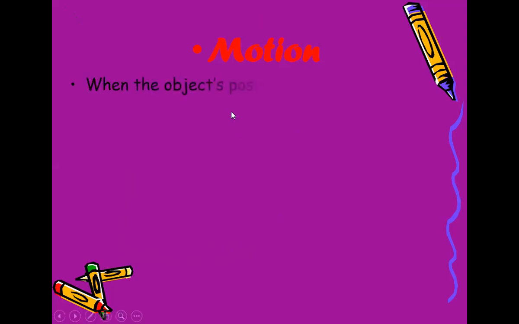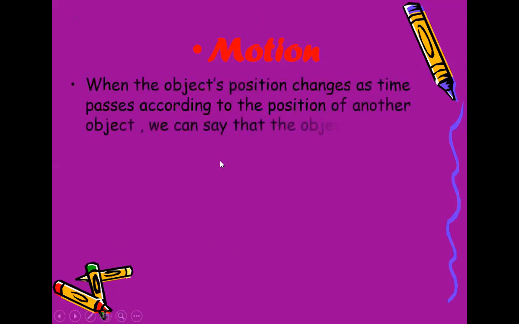So when an object's position changes as time passes, according to the position of another object, we can say that the object is in a state of motion. The difference between a static object and a moving one is the change of position and time. So we can identify the speed.